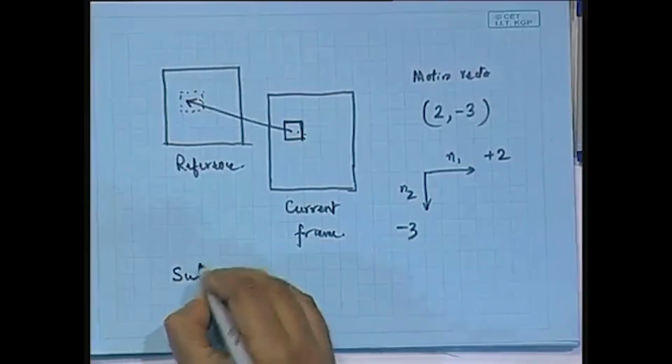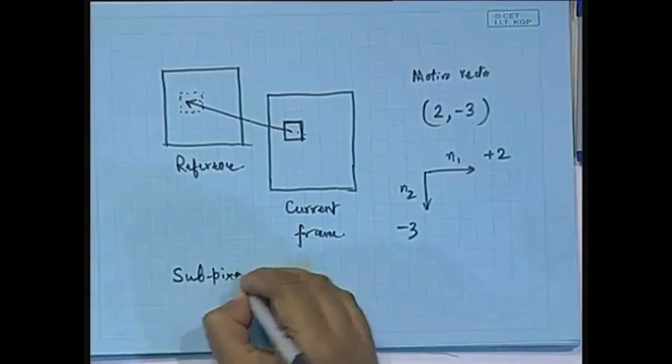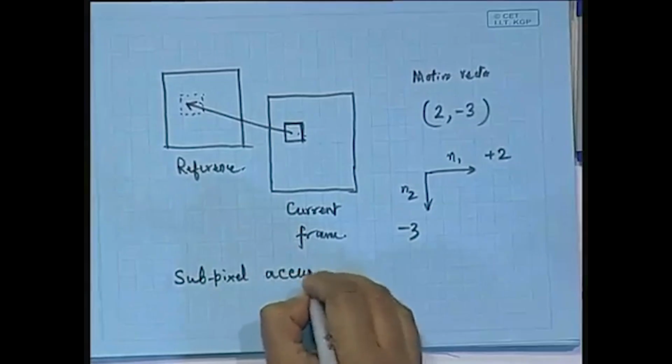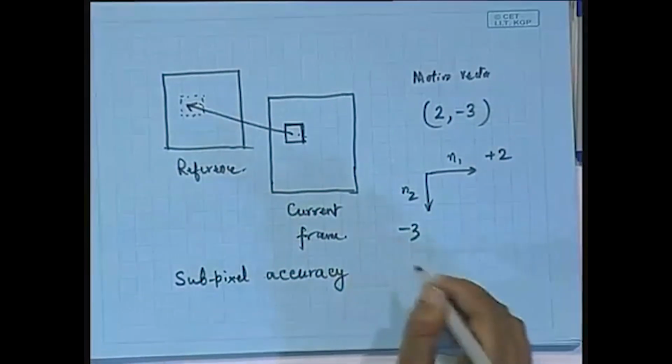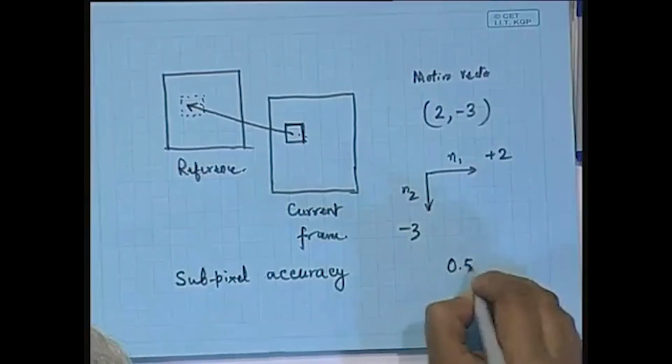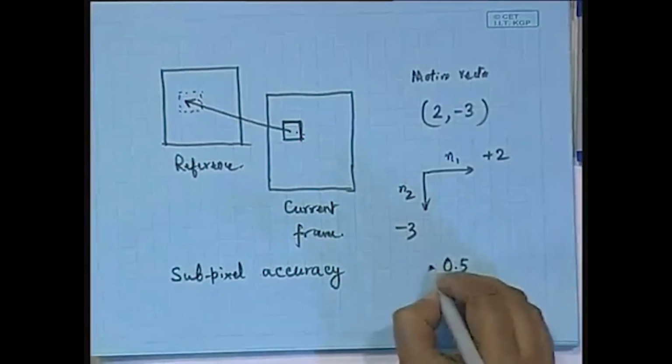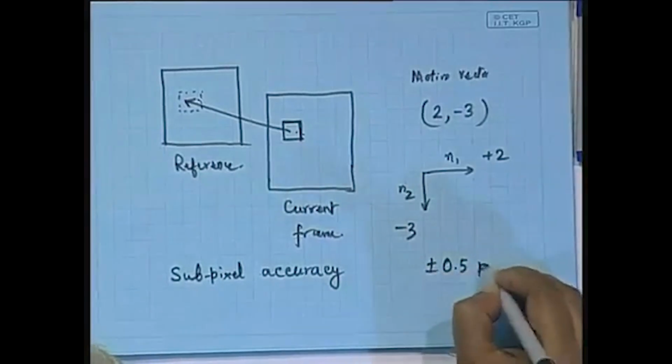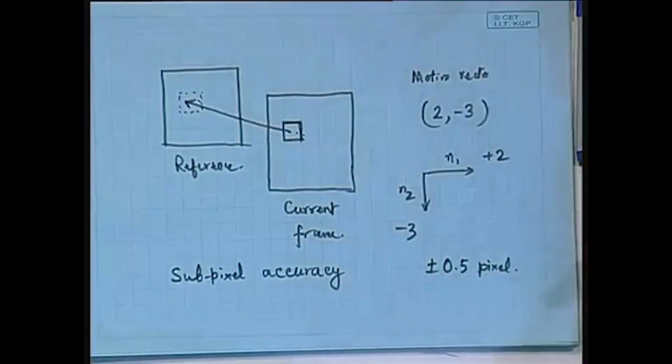Now, we can achieve some better accuracy if we go in for a subpixel accuracy representation. Now, it looks very odd, you may be immediately confused how am I going to estimate my motion with subpixel accuracy? How am I going to measure my motion vector with plus minus 0.5 pixel accuracy, that is to say half pixel accuracy?